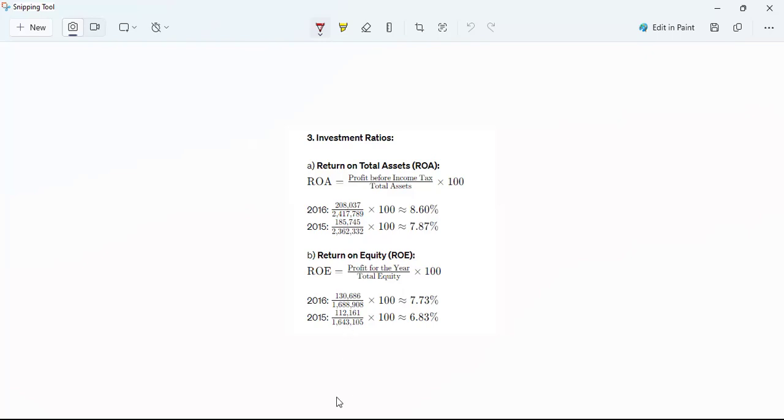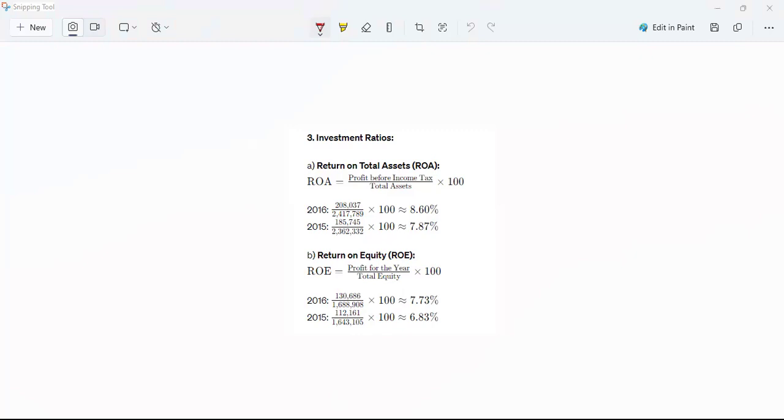So now, using these ratios that we have, what is our interpretation? As you can see there, the return on total assets measures the efficiency of a company in terms of generating profits, not gearing, from its total assets.